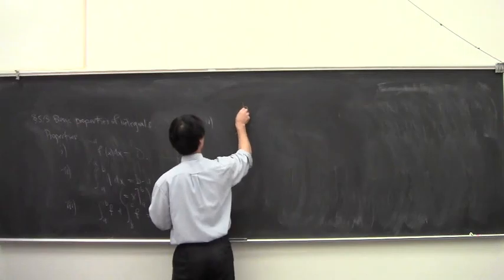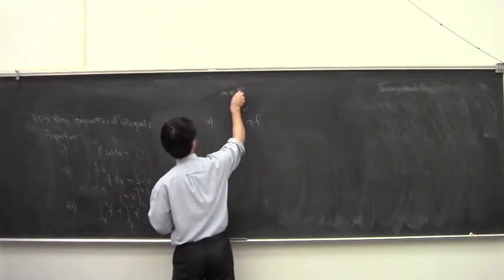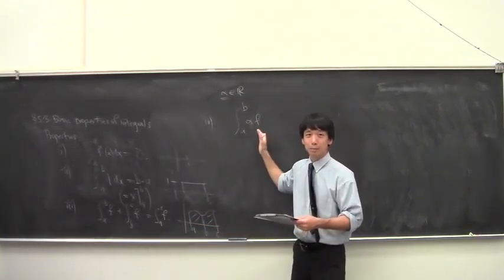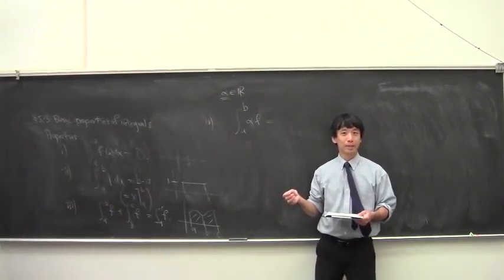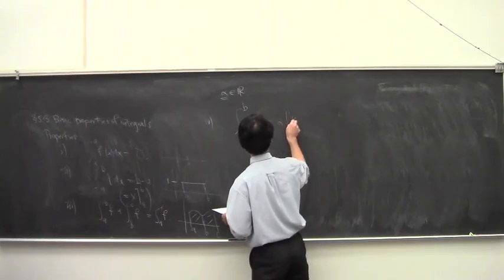If you take some constant alpha and you integrate alpha times the function, what are you going to get? Alpha times the integral of the function. Right?